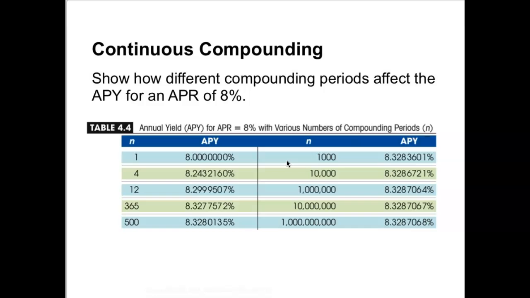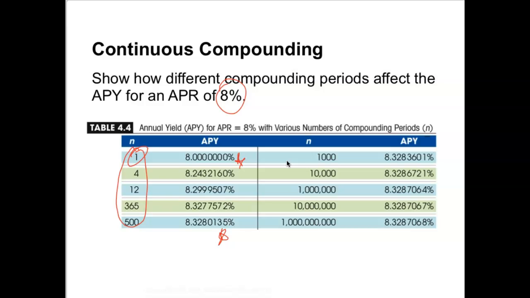All right. So the more you compound, the higher your APY will be. And here's just an example of, in the first column, I have the number of times it compounds per year. And in the second column, I have computed the APY. So when it only compounds once per year, the APY matches the APR.